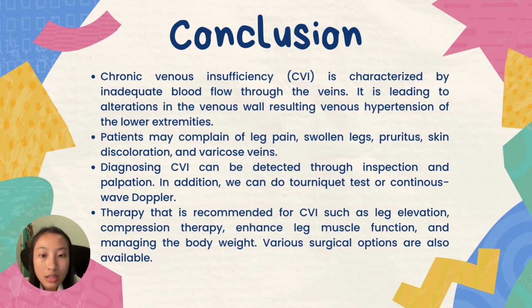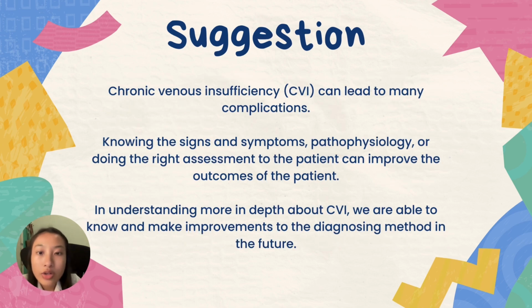Generally, CVI tends to be chronic and progressive, but with early detection and appropriate intervention, we can significantly improve the outcomes of the patient. For this topic, our group suggests that CVI can lead to many complications, but by understanding the risk, the cause, and knowing the signs and symptoms, the pathophysiology, and doing the right assessment, we can improve the outcomes of the patients, or even prevent the incidence of CVI.